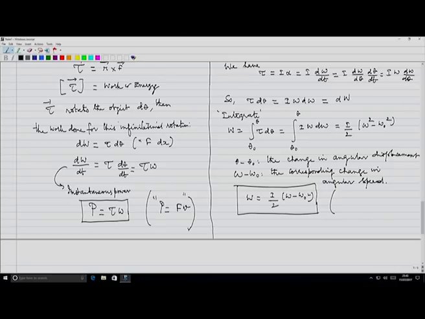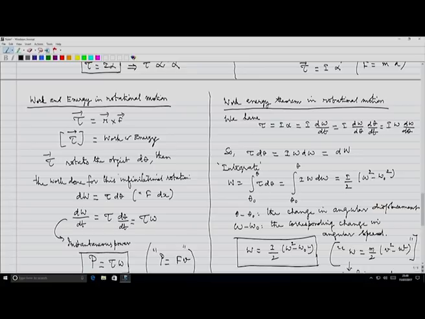The corresponding equation is that the work done is m by 2 times v squared minus u squared. This is in linear motion.